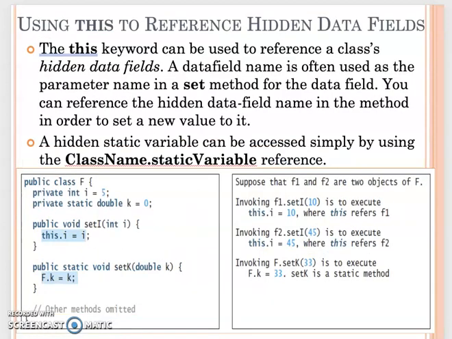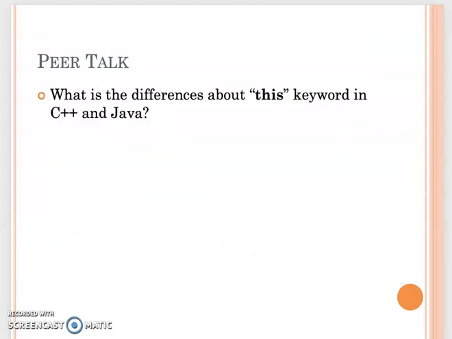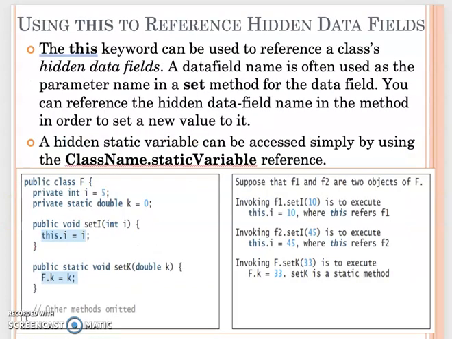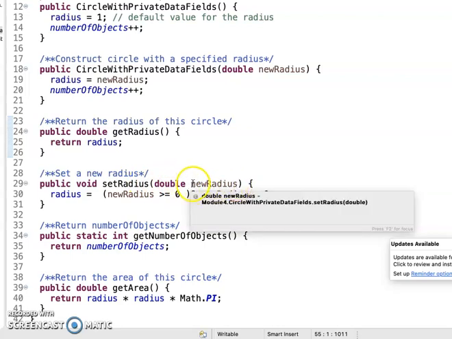But a lot of times we use the this keyword for the setter function. For example, here, let me show you the setter function. We're using the earlier example for the private data field. You see set radius. Earlier this was the new radius because we used the new radius variable name different from our radius.